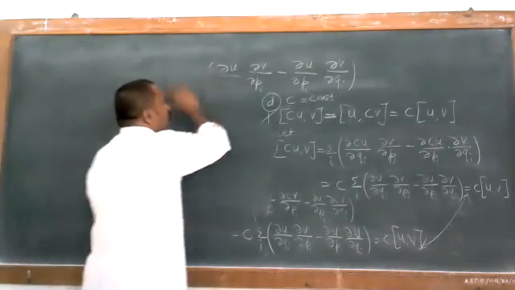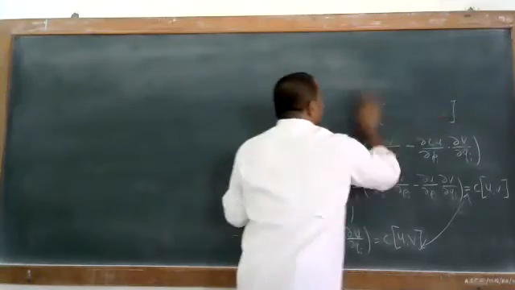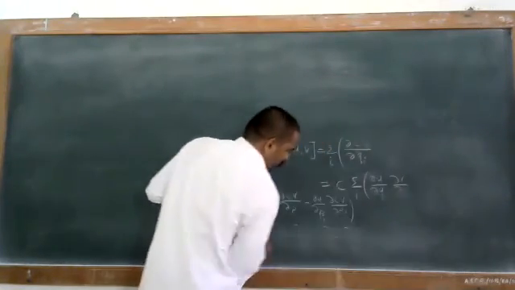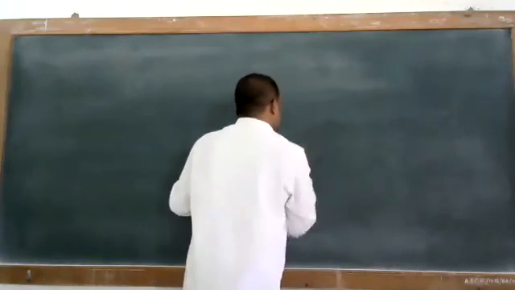Remember now the definition of this Poisson's bracket. We'll have some more identities. So the condition is like this.